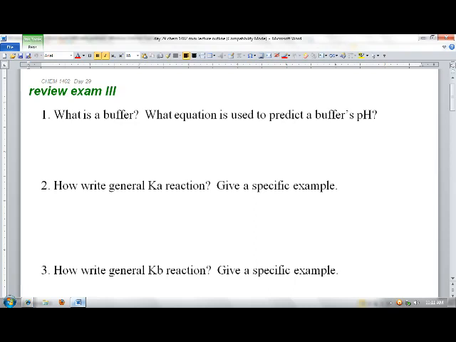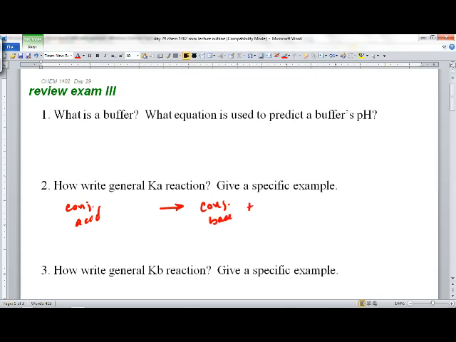The conjugate acid, good, goes to conjugate base plus H plus.